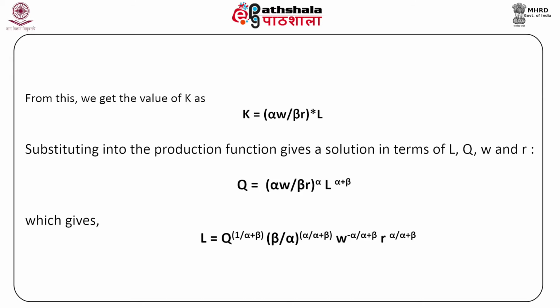Equation 11, which gives L is equal to Q raised to the power 1 upon alpha plus beta into beta upon alpha whole raised to the power alpha upon alpha plus beta into w raised to the power minus alpha upon alpha plus beta into r raised to the power alpha upon alpha plus beta.